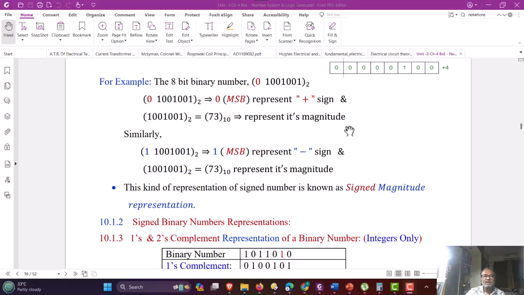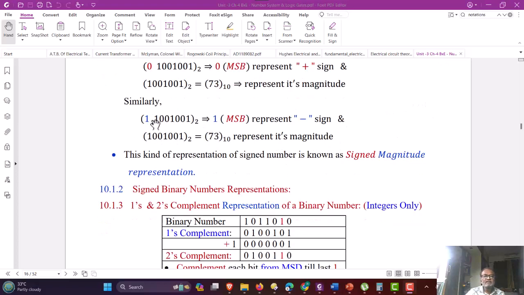So the total number including sign is 8 bits: 7 bits are magnitude and the last MSB indicates the sign. Similarly here, the same number with MSB as 1 indicates the magnitude is decimal 73 with negative sign, so it is minus 73. This type of representation of the binary number is called a signed magnitude number.